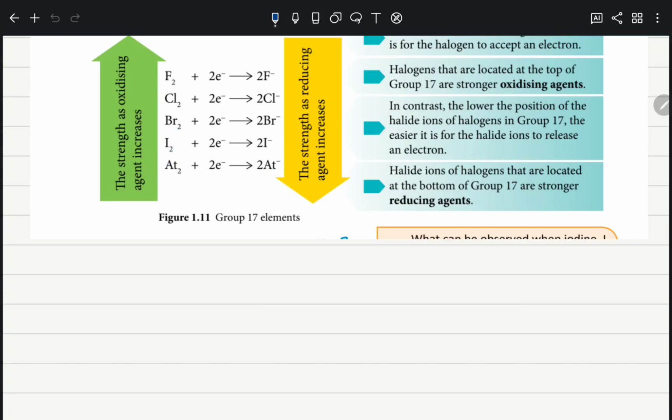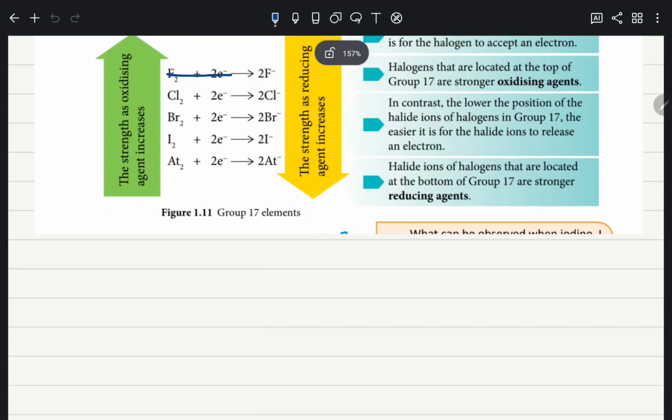For your redox, we won't focus on these two fellas. Fluorine and At, there is no reaction, no experiments for your SPM level. Nothing. Your concept of this displacement will be around chlorine, bromine and iodine only.